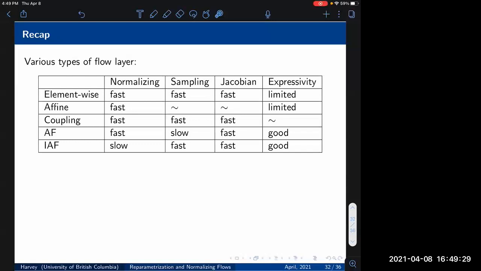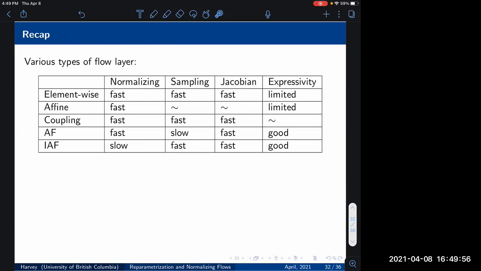And so if we just look at them, element-wise flows are very fast to do any operations you want, but not very expressive. Affine flows are fast in the forward direction, but in high dimensions they're not so great in other directions, and they're not very expressive.